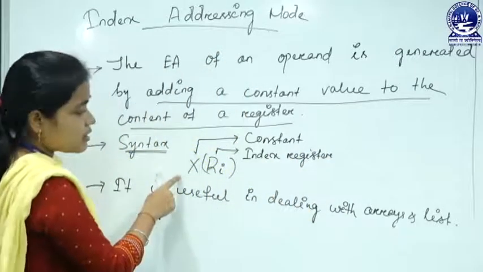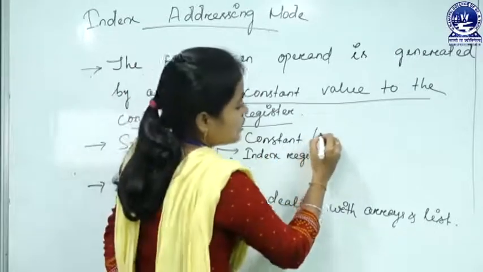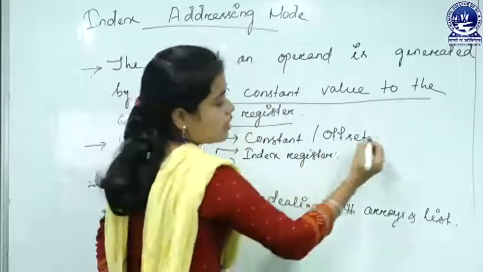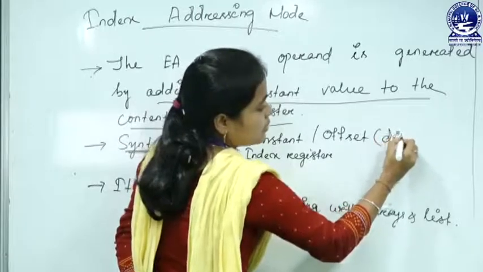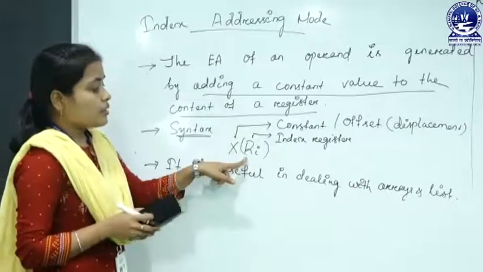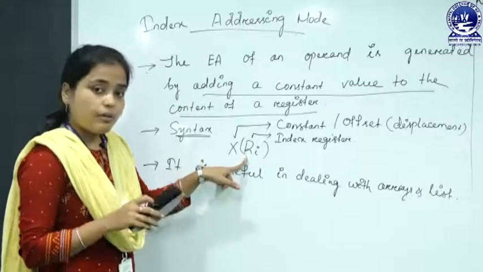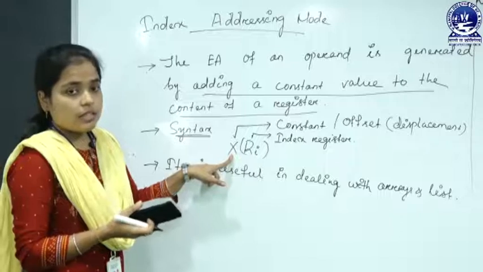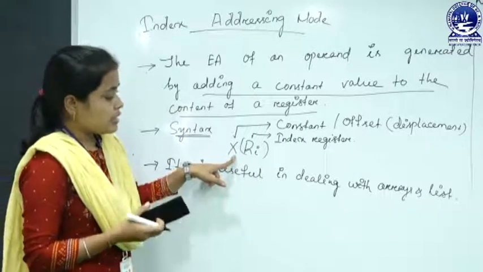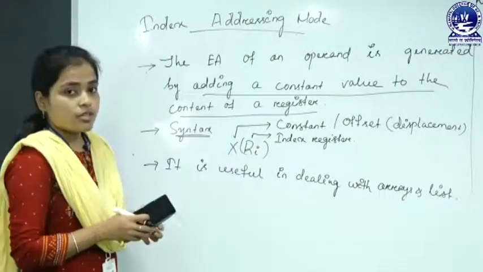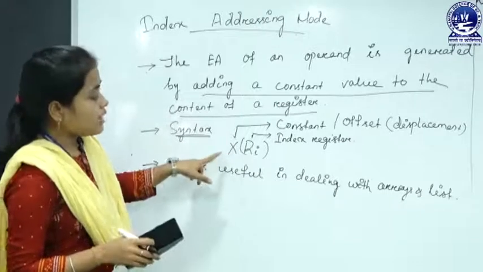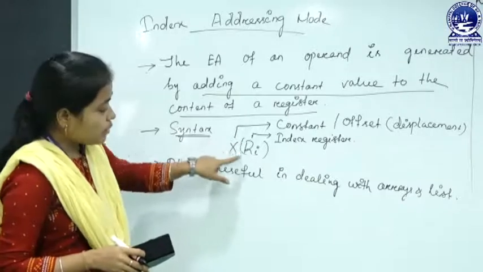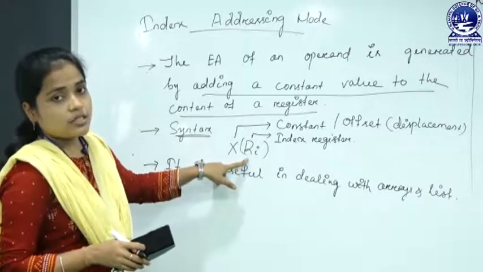This constant value is called the offset, or we call it the displacement: the displacement from the content of the register, that is a memory location, to where the operand is present. That means, where the operand is present, we have to calculate that memory location. And how will we calculate it? By adding this constant value, this X value, with the index register content.